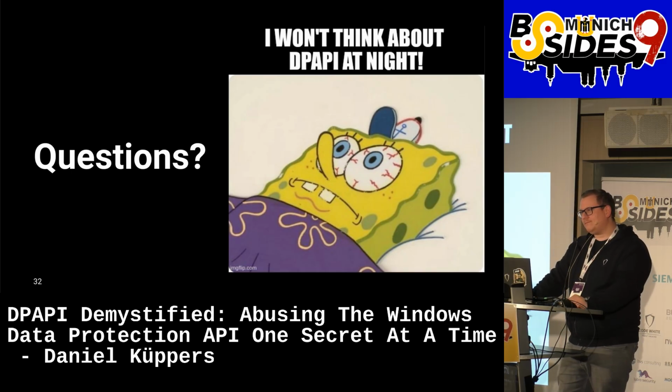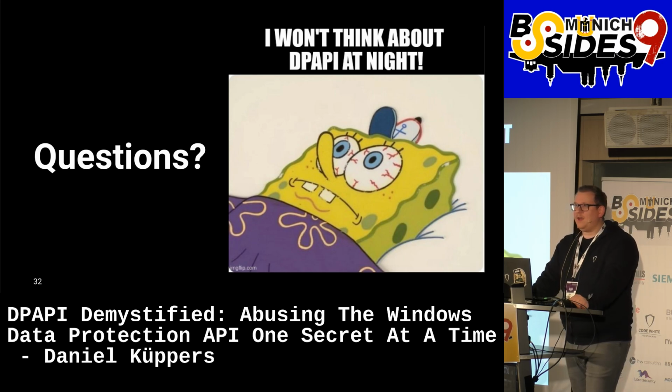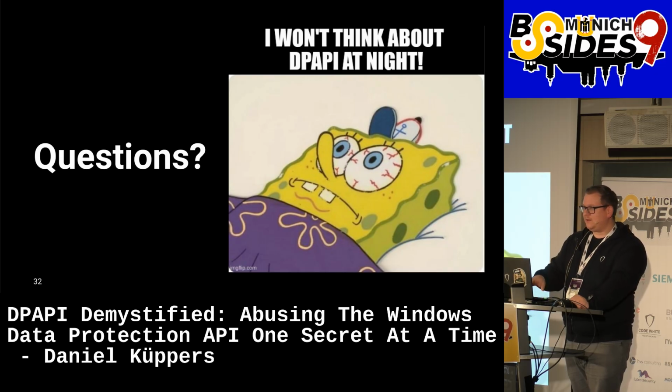How about hygiene? How can you do something good in your company to practice good hygiene to not abuse DPAPI? This applies to basically every crypto system that tries to protect credentials at rest. For example, also password managers.